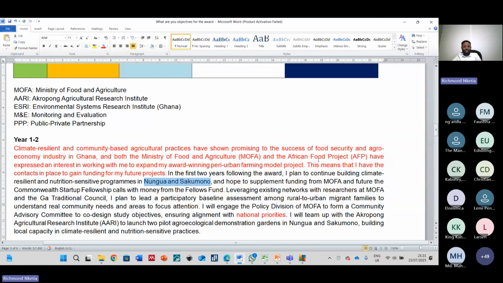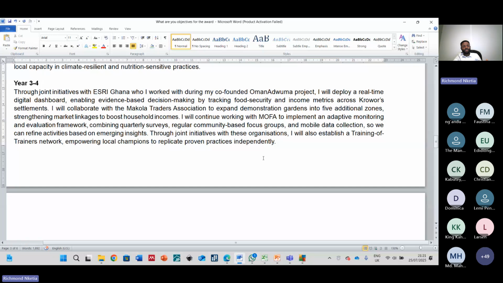Then one of the issues that comes up is poverty. So I'm not just looking into making them grow food just for feeding, but also for making money from it. That is why I intend to engage traders, people who trade in food and agricultural products, so that they can help these informal settlers sell their agricultural products and gain some income.